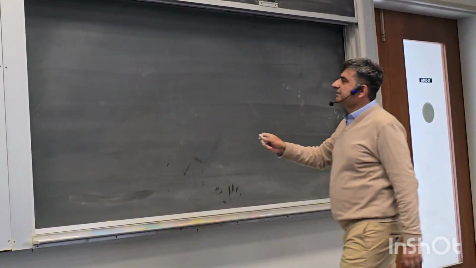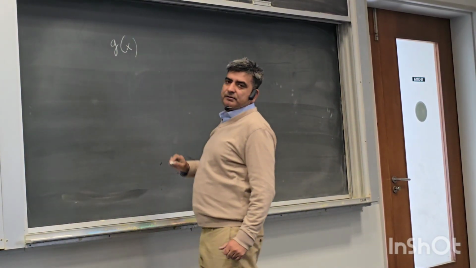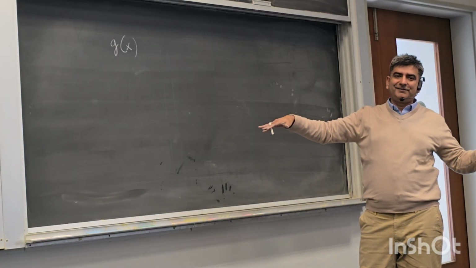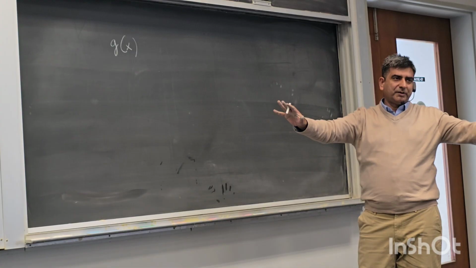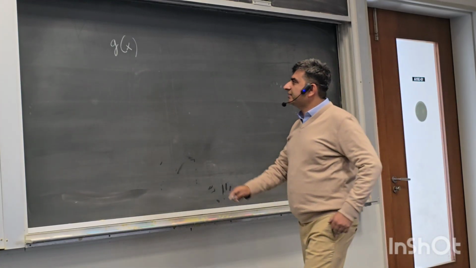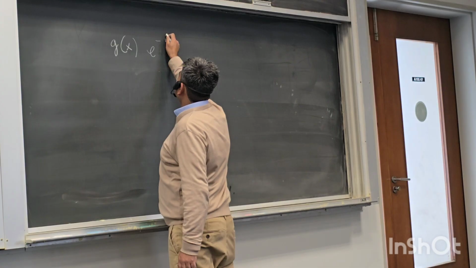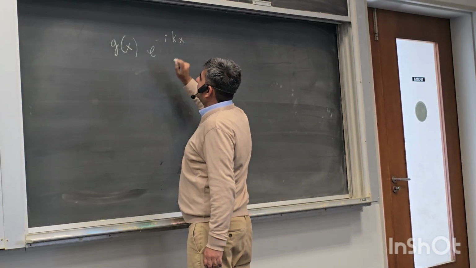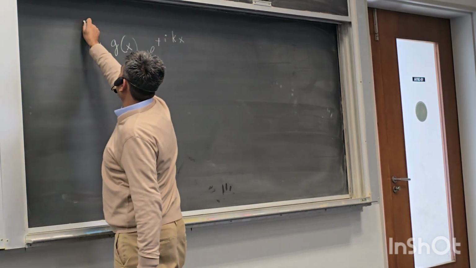If I have, say, some space function g(x), some function in space like a lattice, and for convenience I talk about 1D at the moment. So its Fourier transform is given by g(x) e to the minus i, say some k x, and I integrate over x.